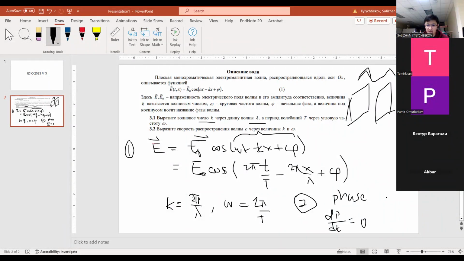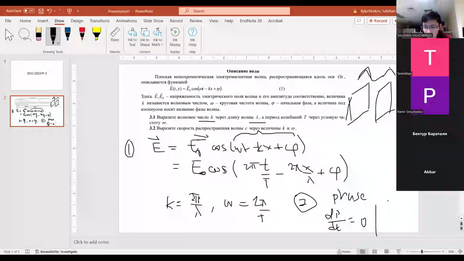And it's always like this: when you try to find the speed, always remember, you take whatever is inside the cosine, take its derivative, and set it equal to zero. You just find that constant phase. So if you take the derivative with respect to time, what will you get? The first one is omega t.